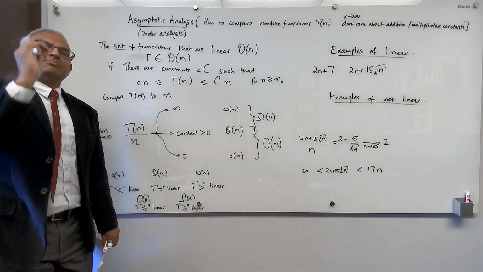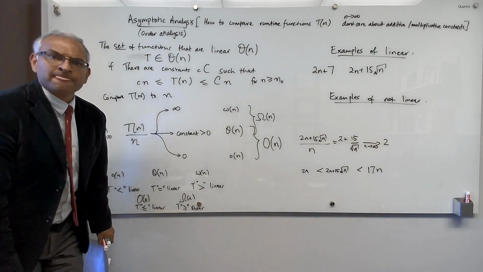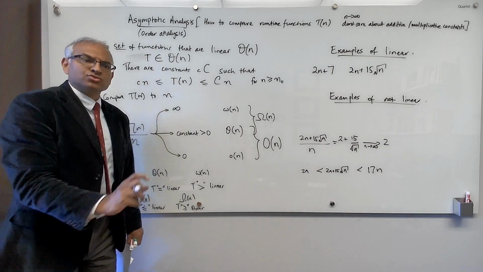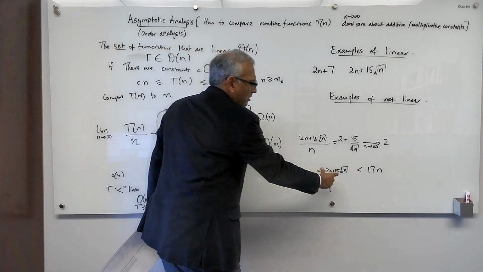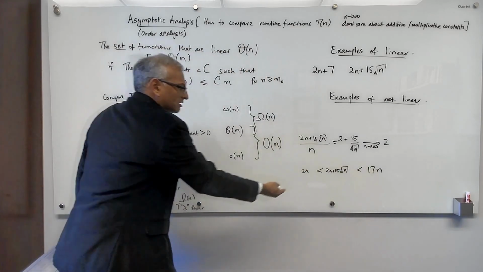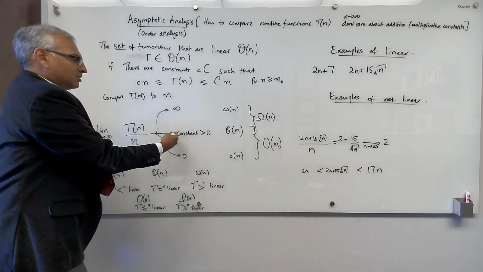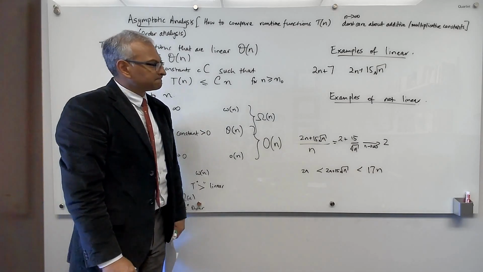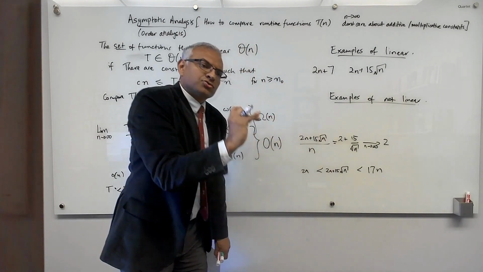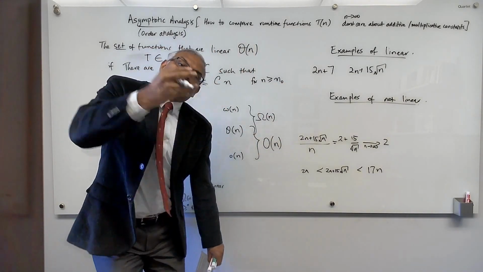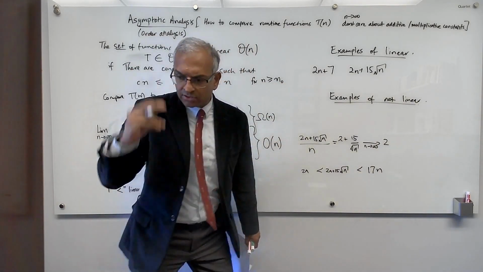That's the technical mathematical definition of the set of linear functions. You can bound from below and above by linear. And if you can bound from below and above by linear, then when you divide by n and take the limit, it will go to a constant. So even though this is a nonlinear function, it belongs to the set of asymptotically linear functions. Okay, let's do more examples.